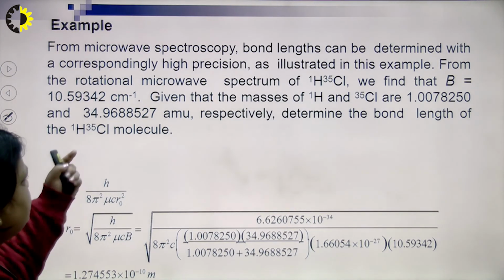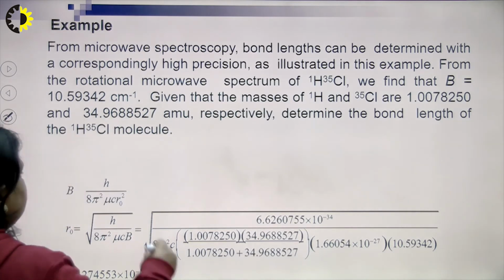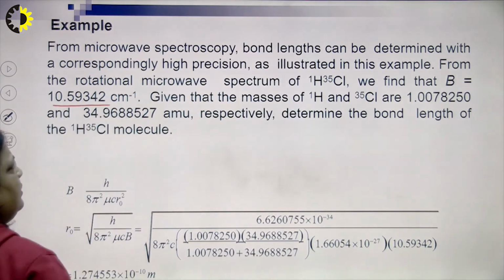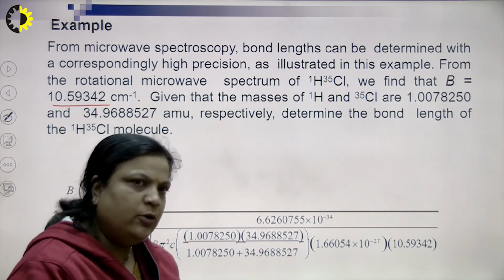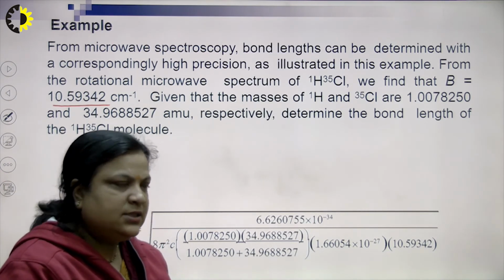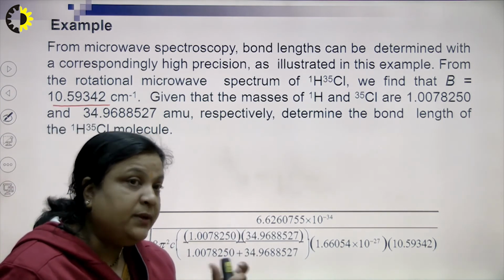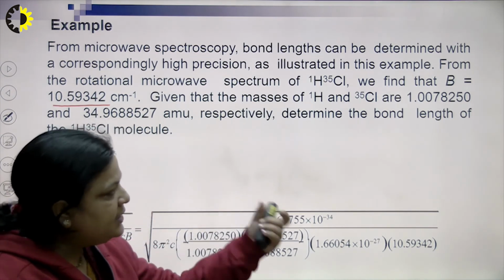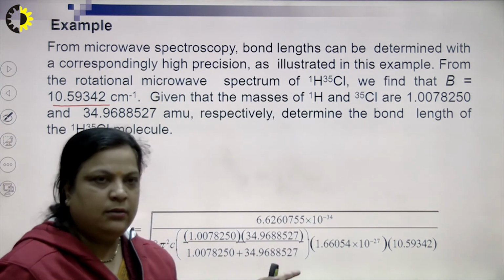You can solve it yourself, but here B is given, which is 10.59. Basically, in microwave or rotational numericals, just check the units. Units should be the same. If one thing is in meter and another is in centimeter, it will give you a wrong answer.